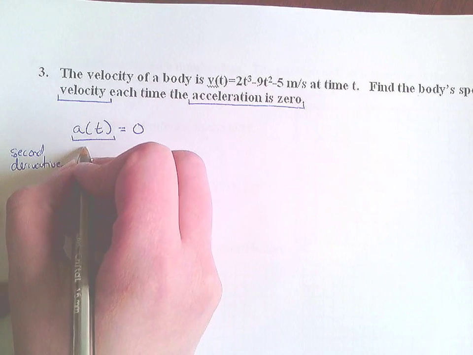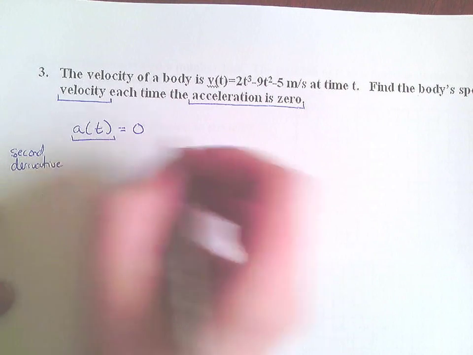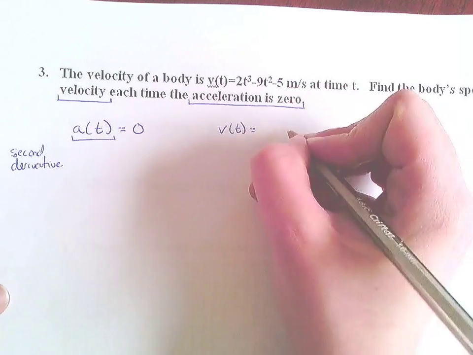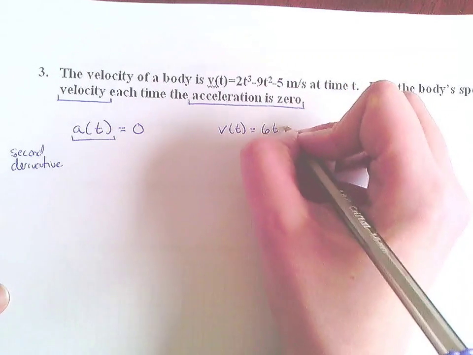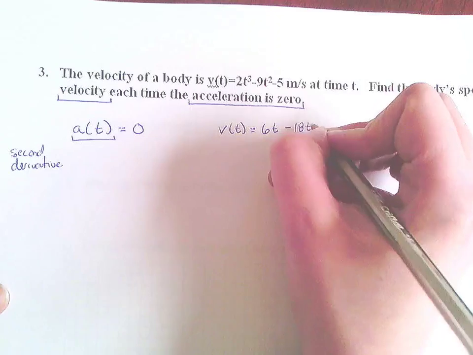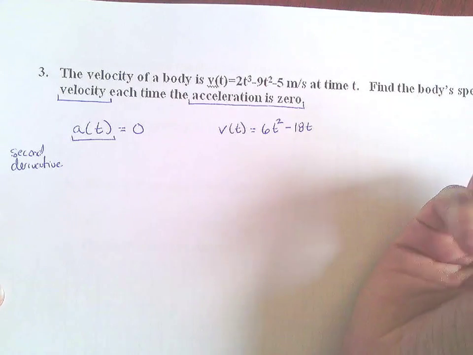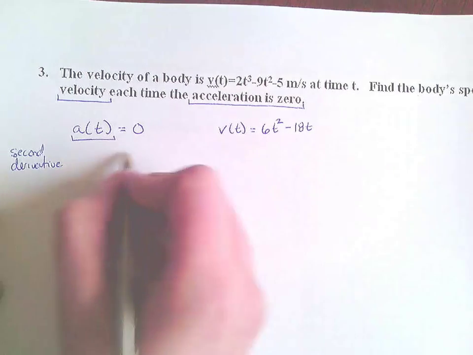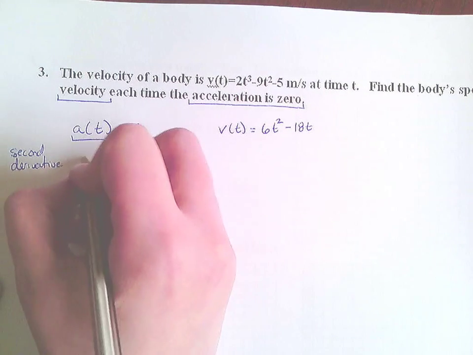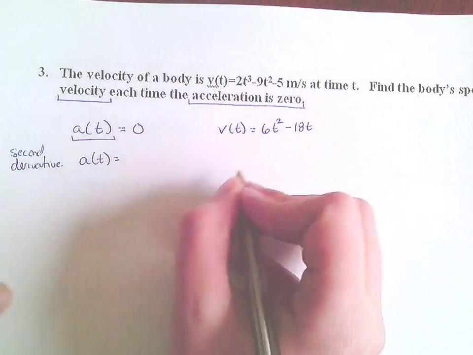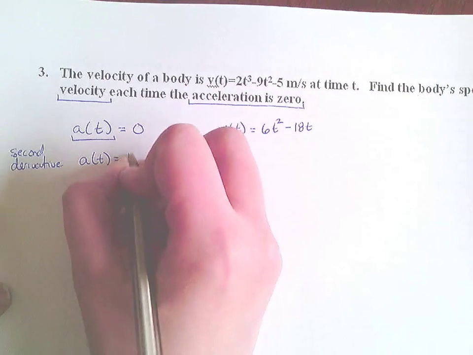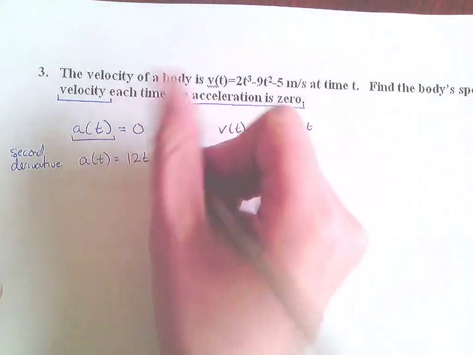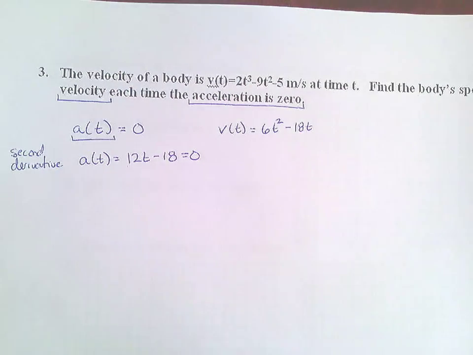Now the first derivative is what? I'm just going to write it right here. So my first derivative is velocity, and that's going to be 6t squared minus 18t. So my second derivative is acceleration, and that's going to be 12t minus 18.